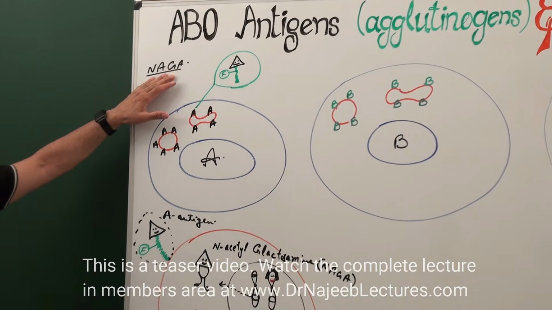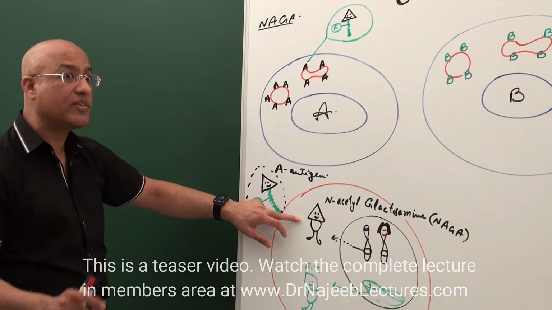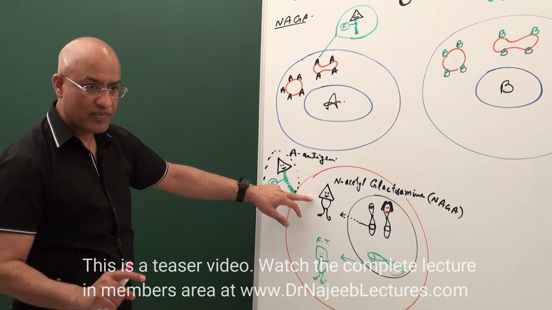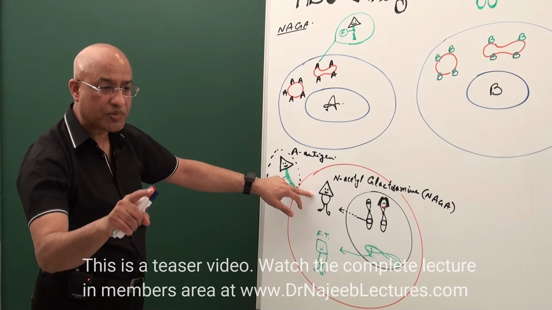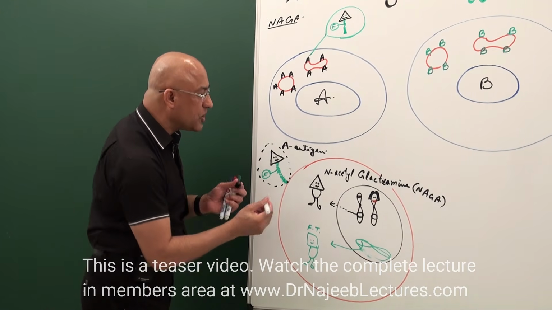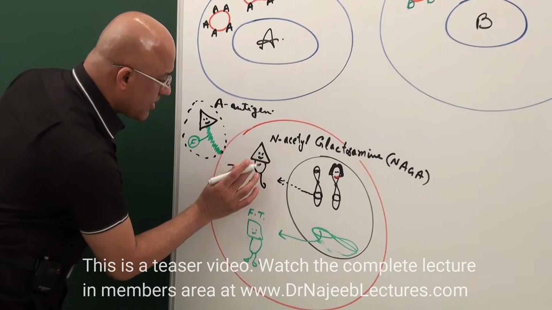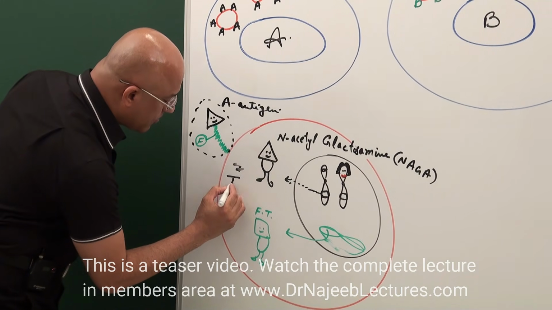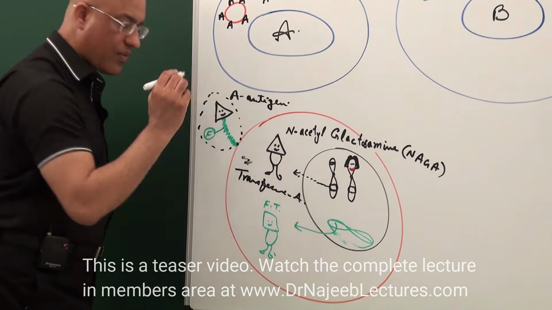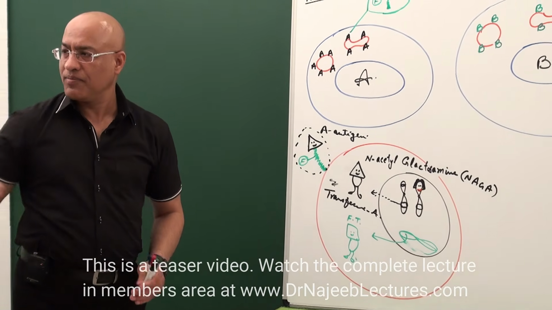This activity is done by a transferase, and because this transferase is converting H substance into antigen A, we can call it transferase A. A simple name can be transferase A. Is it clear from where blood group A comes? Yes. You can go back.